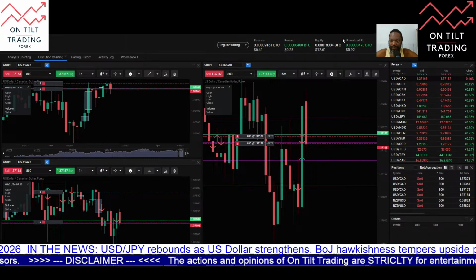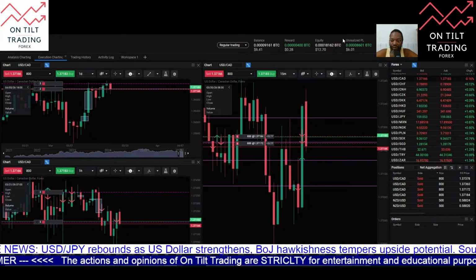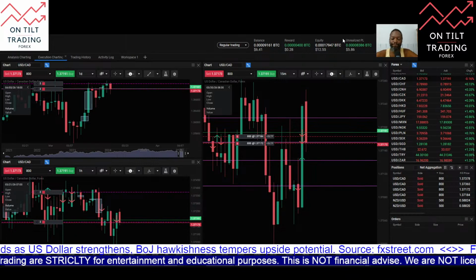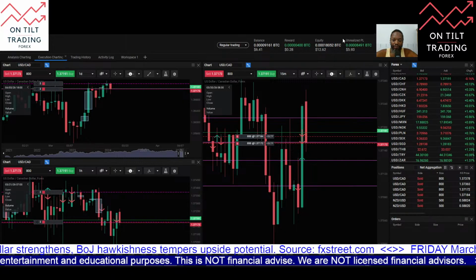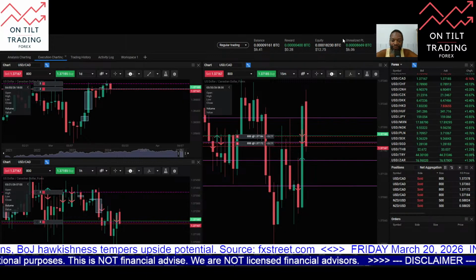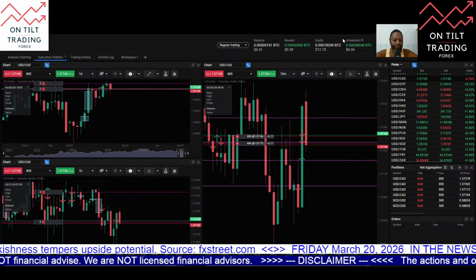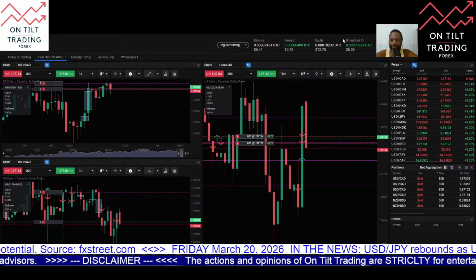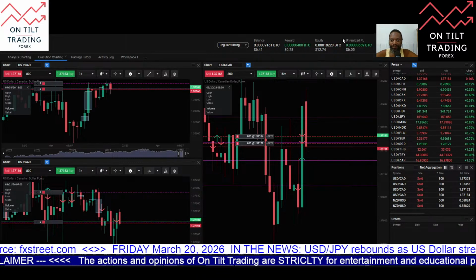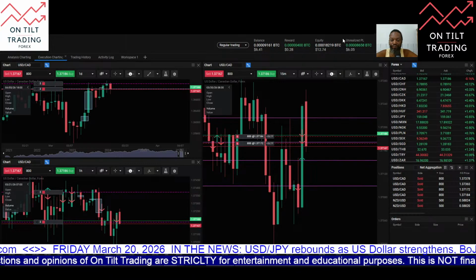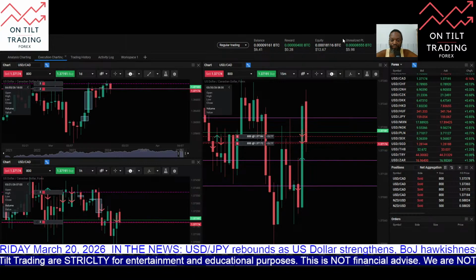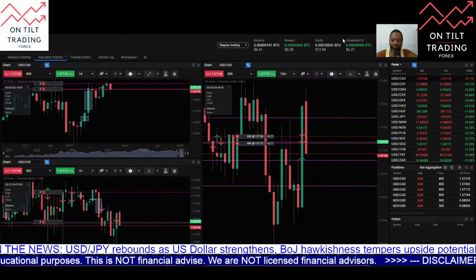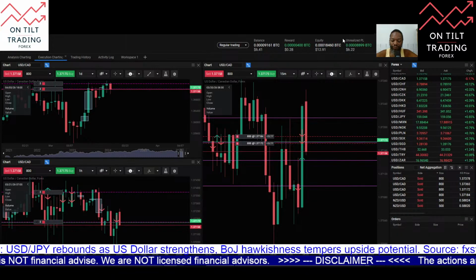Price consolidating here between the 137.180 and 137.150 levels currently. Price playing around right at my limit entries, 152.